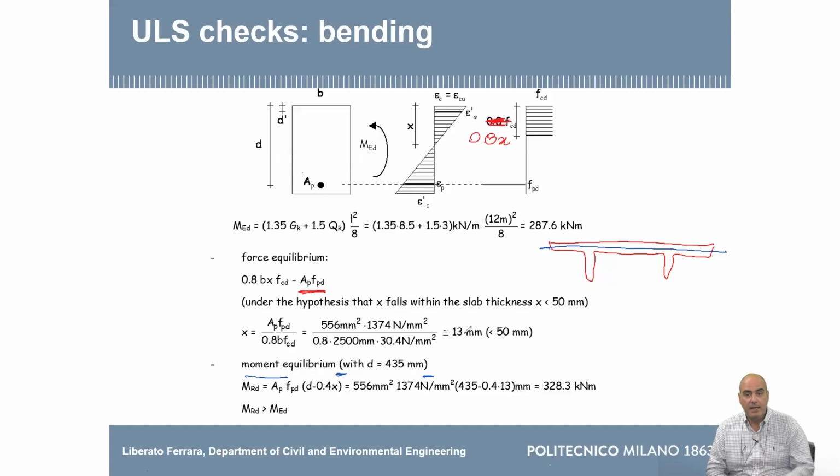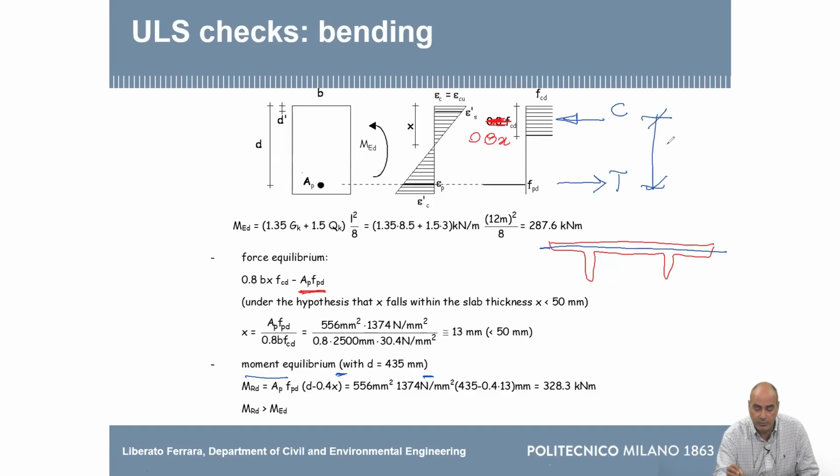But anyway, you have calculated the neutral axis, and you use that value to calculate the moment equilibrium equation. Well, here we are in the case where we do have a compressive force here and a tensile force here. So we just need to know either one or the other and multiply by the inner lever arm.